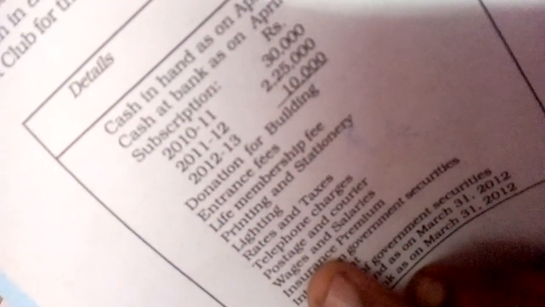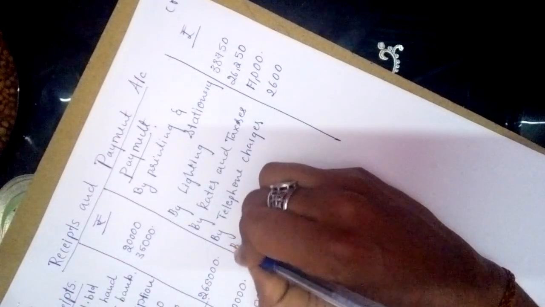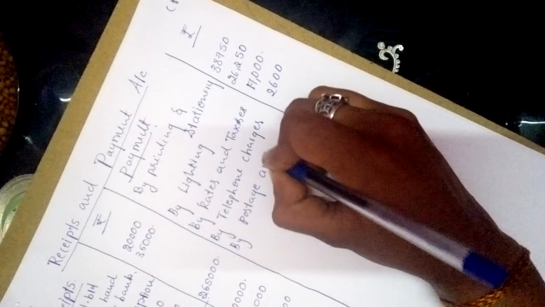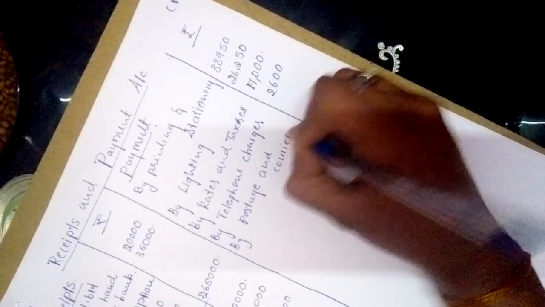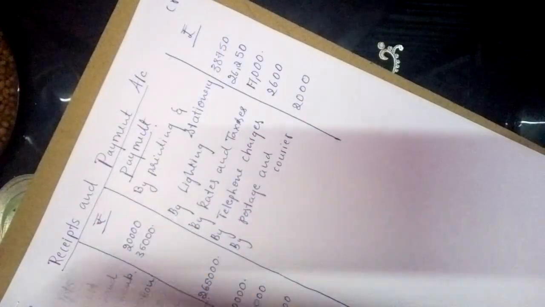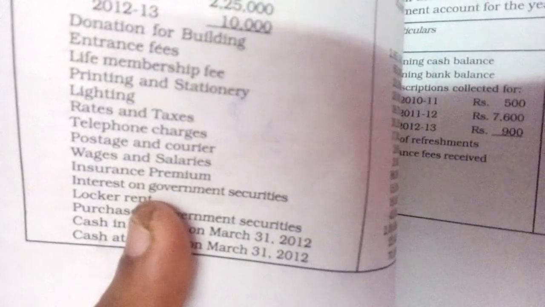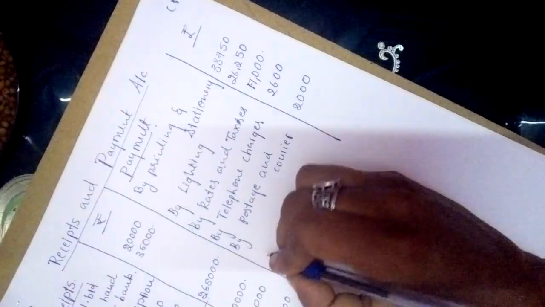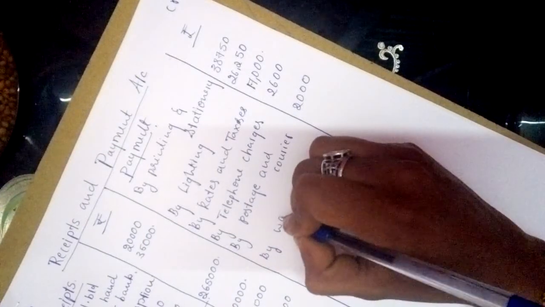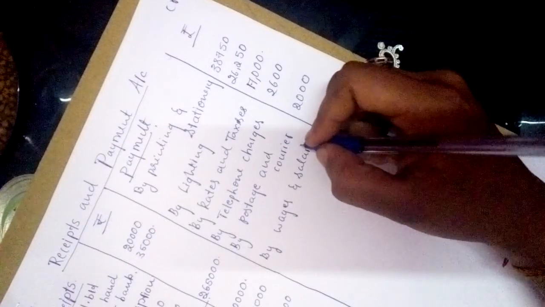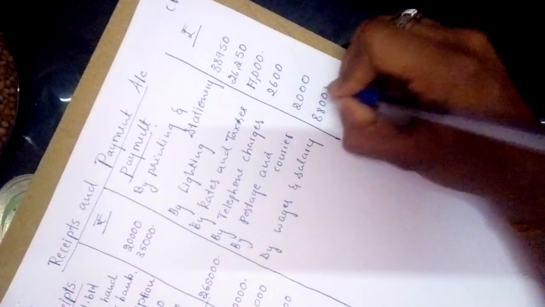Next item is postage and courier. Payment by postage and courier amounting to rupees 2000. Next item, wages and salaries, which is also a payment, by wages and salary amounting to rupees 88,000.